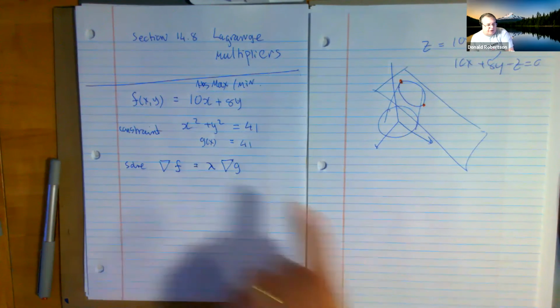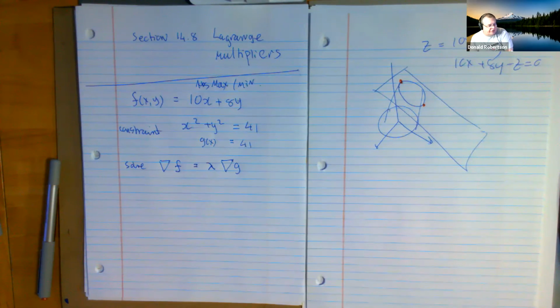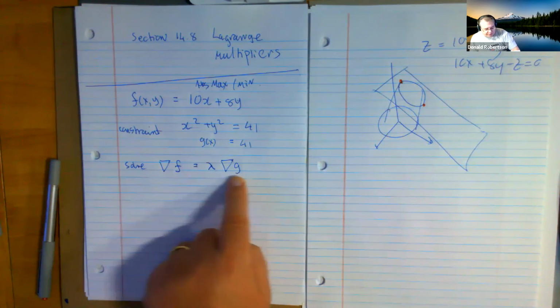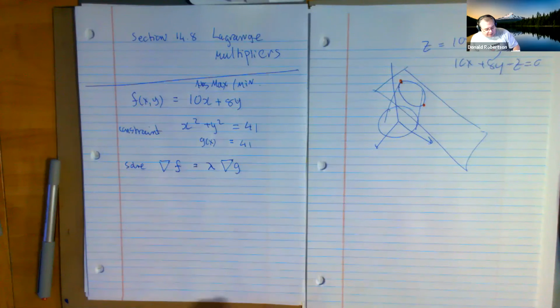Now, lambda is a constant, a fixed number. And we will use that relationship to actually find coordinates of places where the absolute max and min will live.